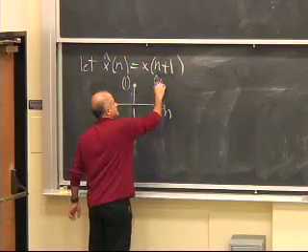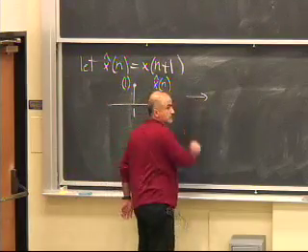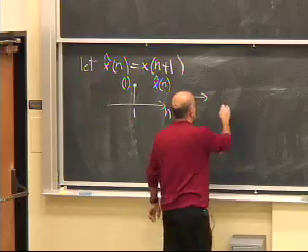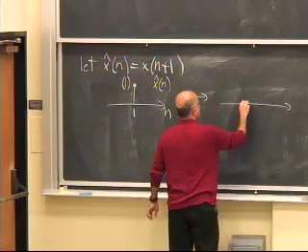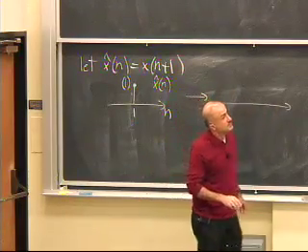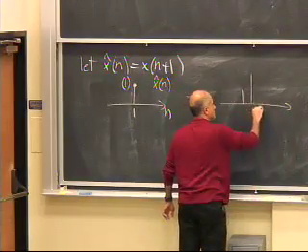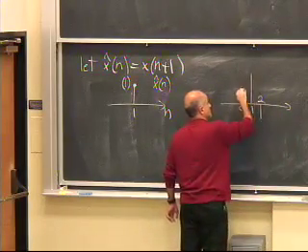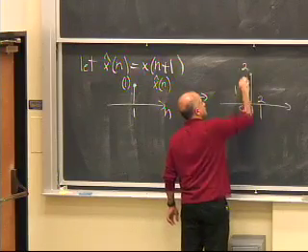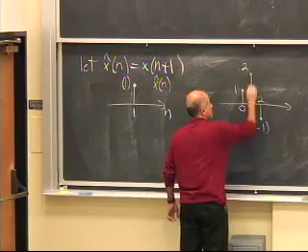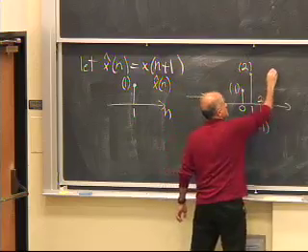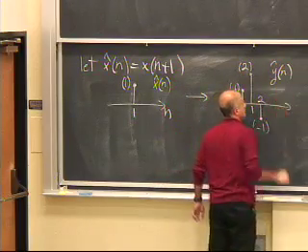This is x hat. Your output would be shifted to the left by 1. And where does the output start? At 1. So now it starts at 0, 1, 2, minus 1. So this would be y hat.